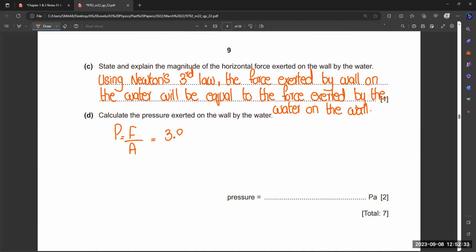And you're going to get 2.5 times 10 to the power of 4. So your answer is 25,000, right? So you can see that the question is pretty simple in this paper. Let's check out another one.